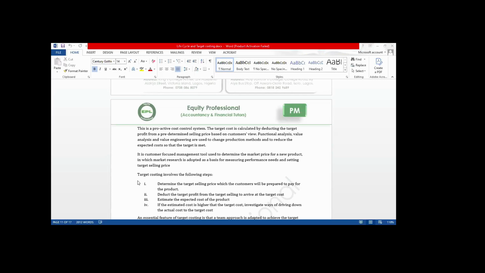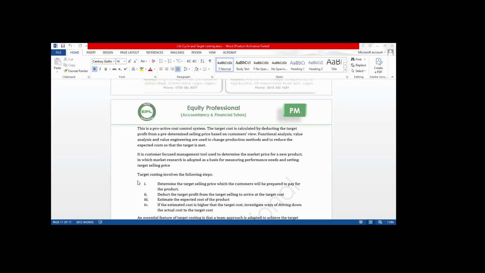The company will carry out a market survey to determine, before the actual production, how much customers will be willing to pay for a particular product.